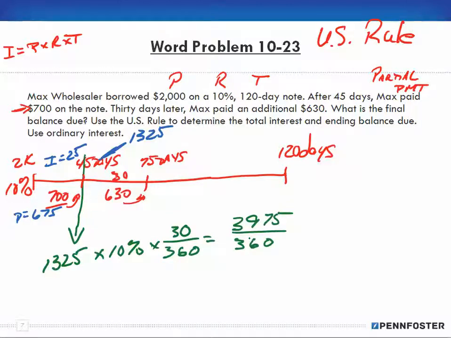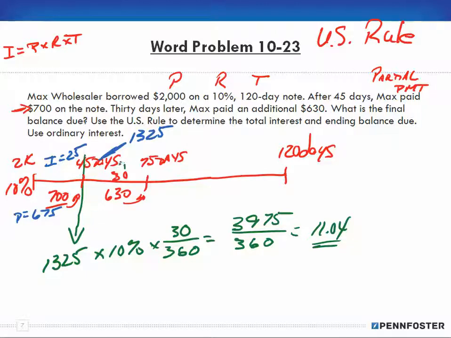So we divide by 360, and that gives us interest of $11.04. Okay, so that's our interest in this period here.